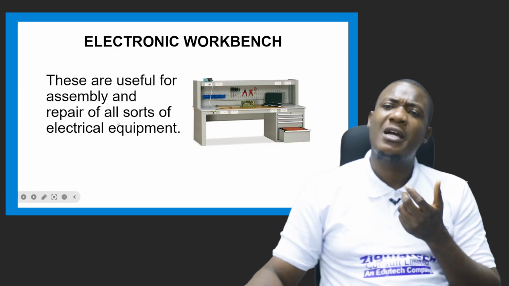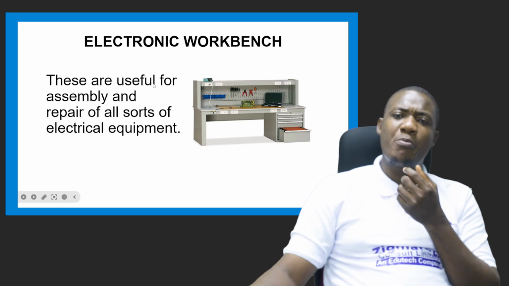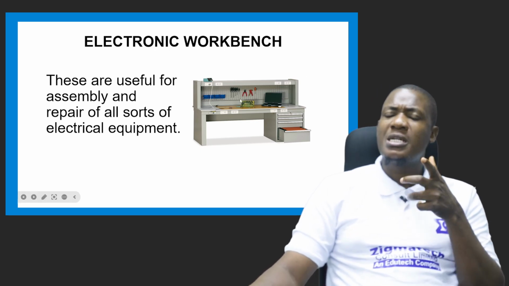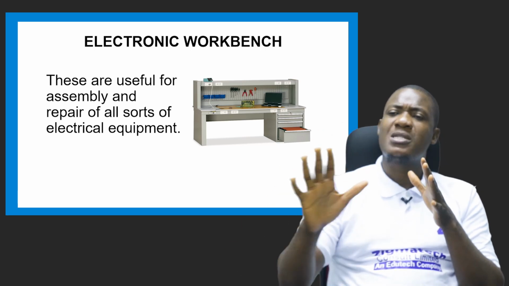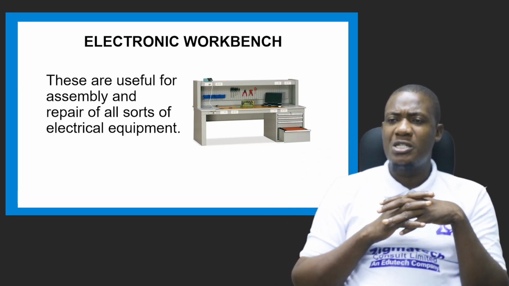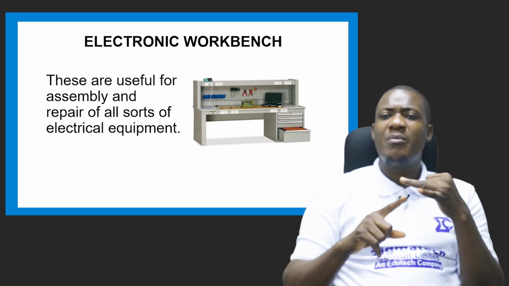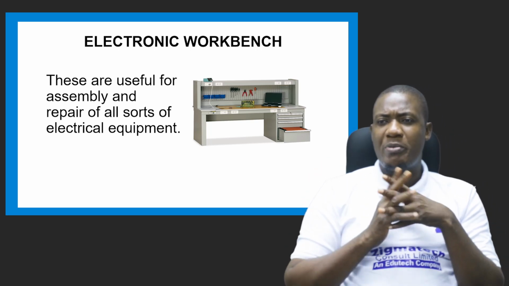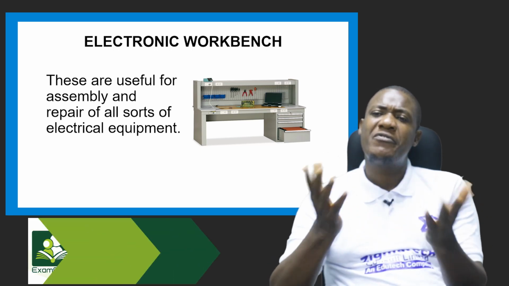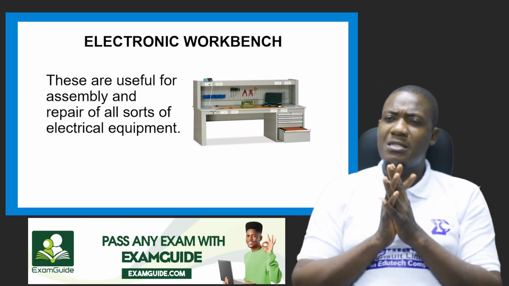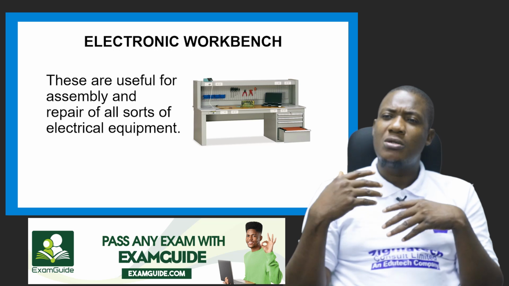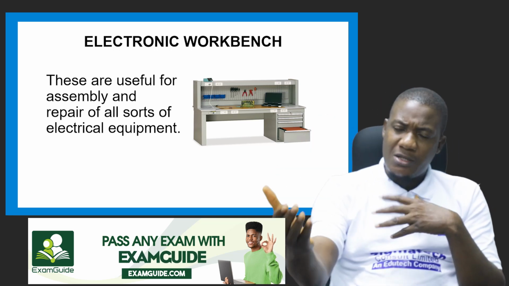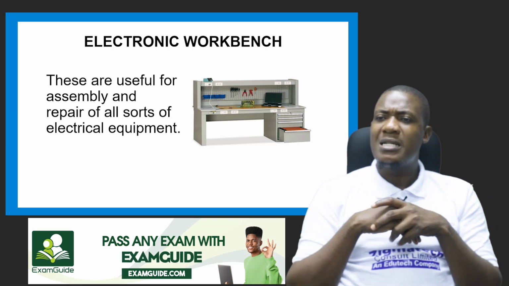Okay, we also have another kind of workbench we call the electronic workbench. On this workbench, all electronic jobs are carried out, be it repair or fabrication. Here you have different tools for electronics, and soldering is carried out in this place.